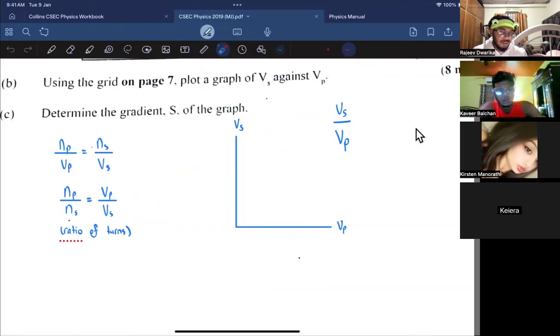Step up. I said secondary, right? Yeah, so the secondary has more windings. If the secondary has more windings, it's going to have a greater EMF, so it's going to have a greater voltage. If the secondary has fewer windings than the primary, what kind of transformer is that? Step down. Okay, cool.